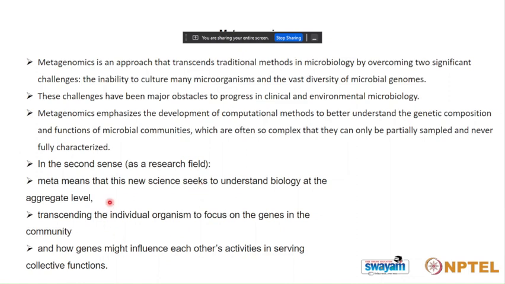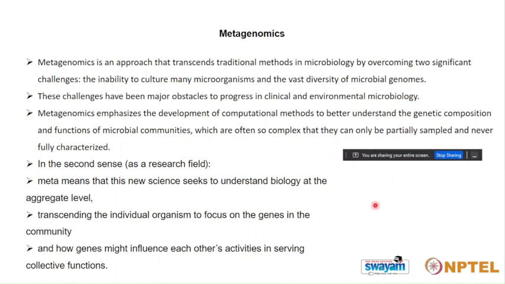Usually the term meta means a kind of science which helps in understanding the biology at the aggregate level. In the sense, in metagenomics we will not be studying only one microorganism. We'll take into consideration the entire microbial community. So as we are understanding the biology at the aggregate level, which means the entire microbial community, the term meta is being used.